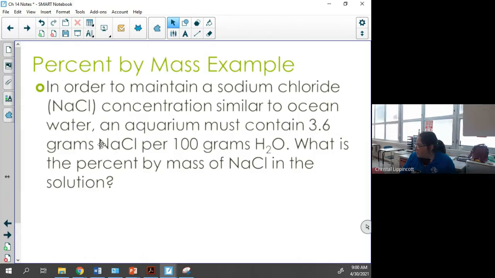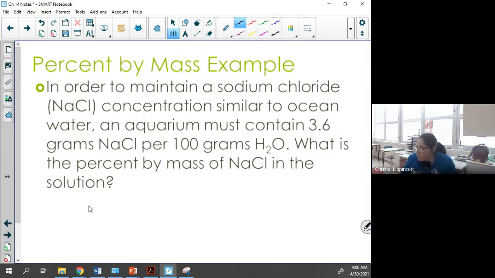So what would I do for this guy? Pray that my pen will work. That's what I'm going to do first. So here is my solute, right? Salt is my solute, so that's going to go on top. What's going to go down on the bottom?